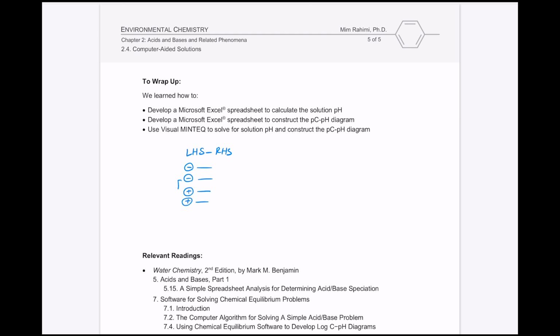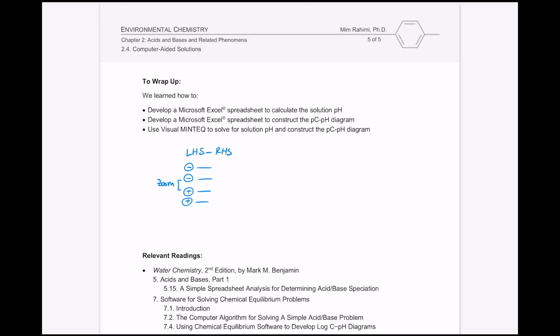Then we zoomed in on this range of pH in order to increase the resolution of the calculation. And we also used the same table in order to construct a pC-pH diagram.